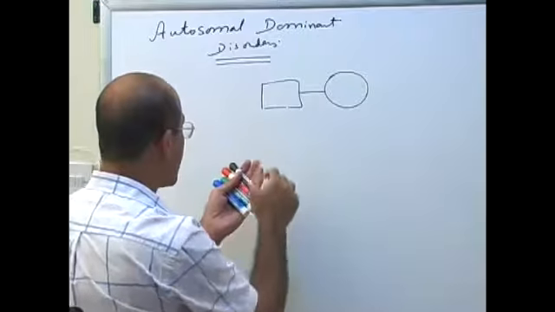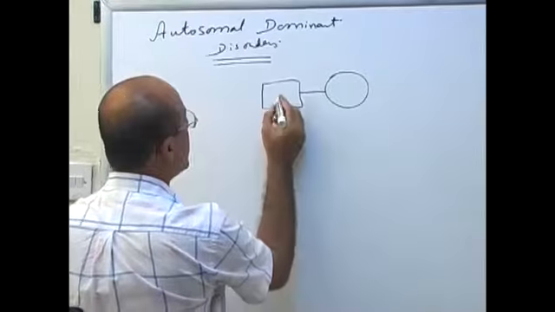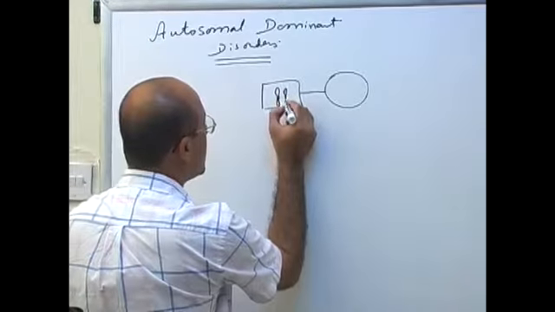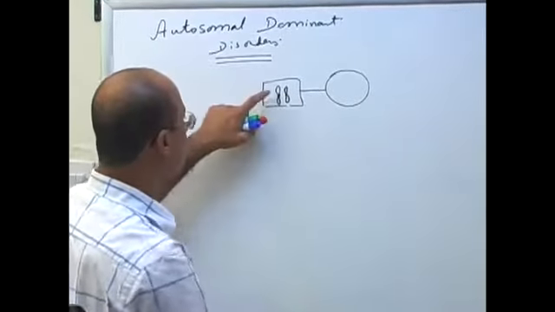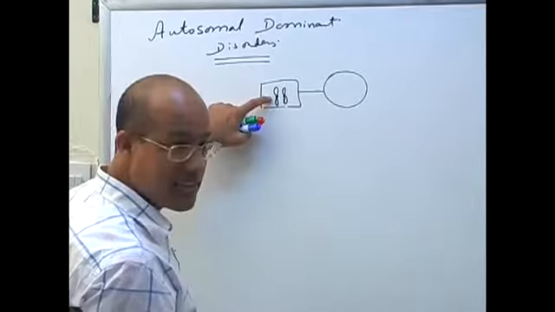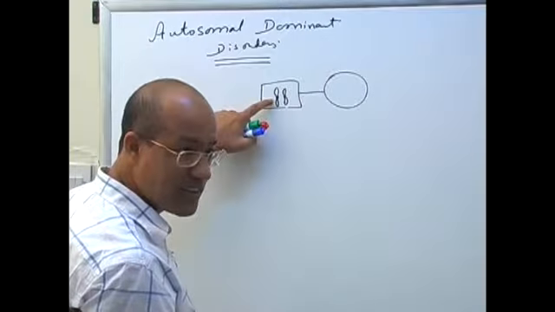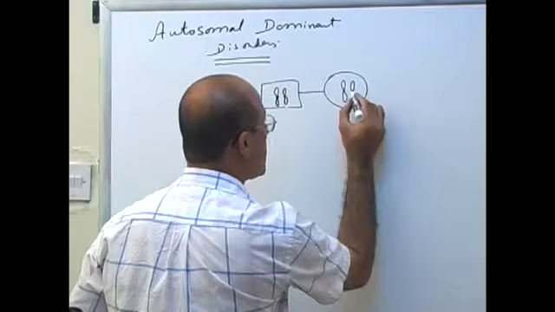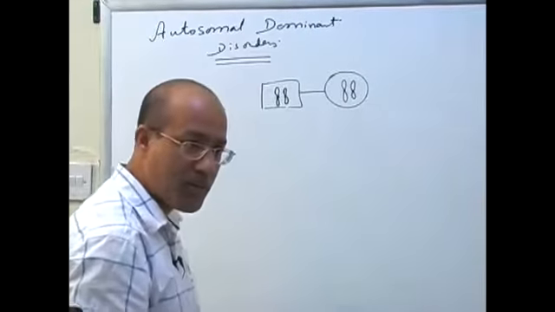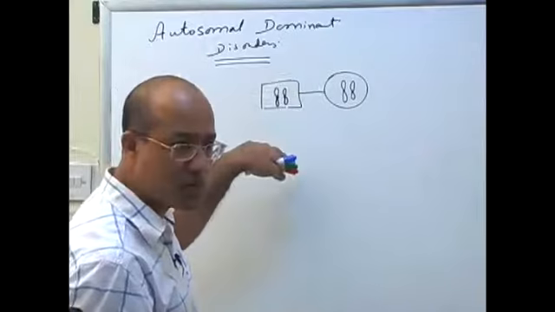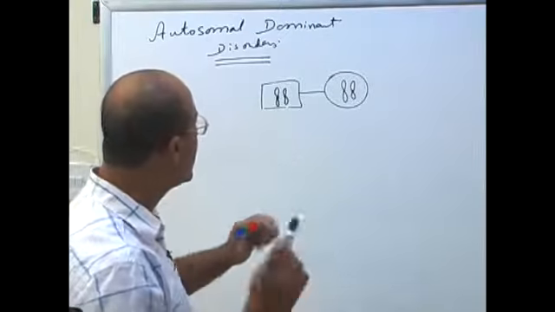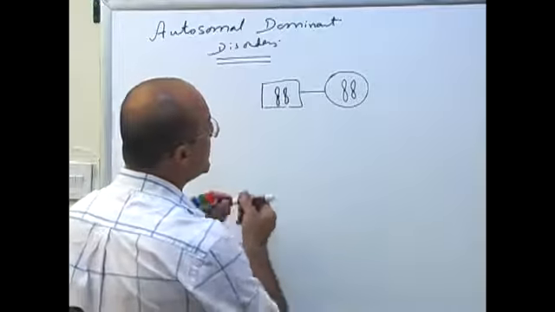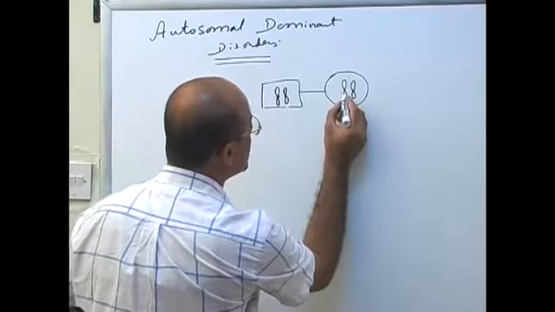For example, this person has two chromosomes. Let us suppose this is chromosome number 15, right? Two copies in this man. And this is chromosome number 15, two copies, homologous copies in this woman. But of course, they have complete set of chromosomes, but I'm just showing one set. Now, let us suppose that there is mutation here.